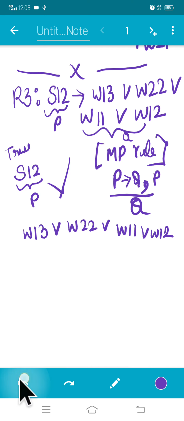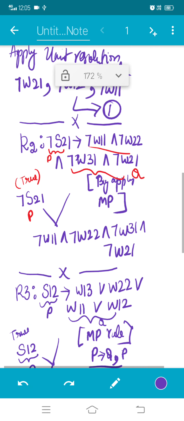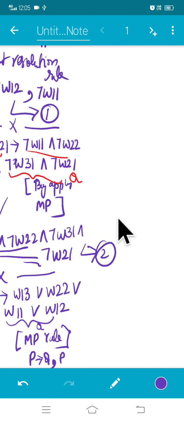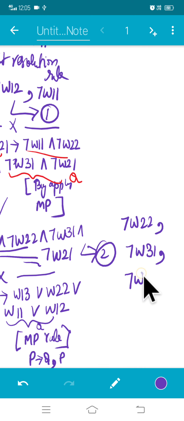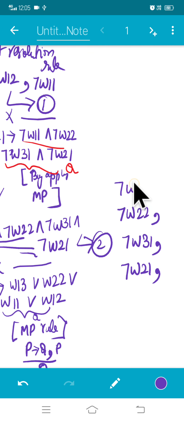So with this equation we will compare equation 1 and this we can write as equation number 2. Comparing 1 and 2 we will solve this. Here also it can be done by applying the unit resolution rule. By applying unit resolution we can write these sentences separately, which can be written as negation W22, comma, negation W31, comma, negation W21, and one more condition, negation W11.